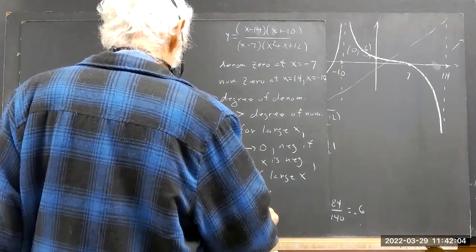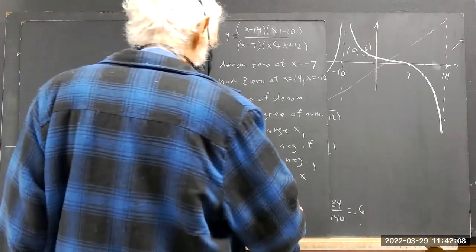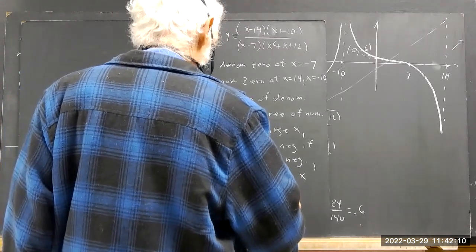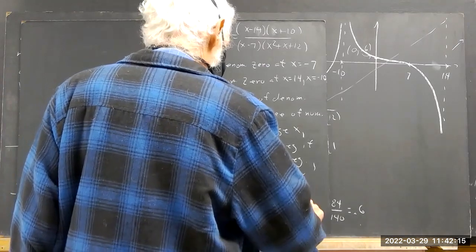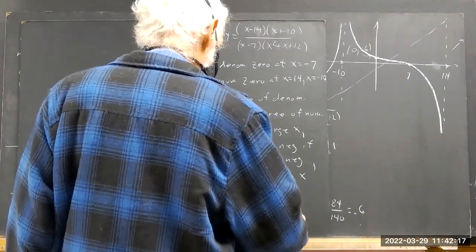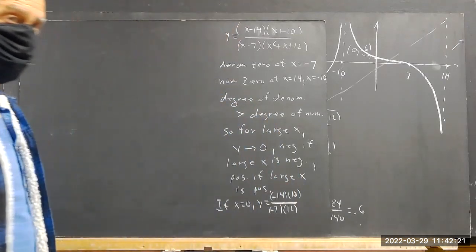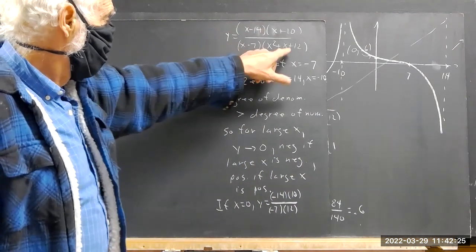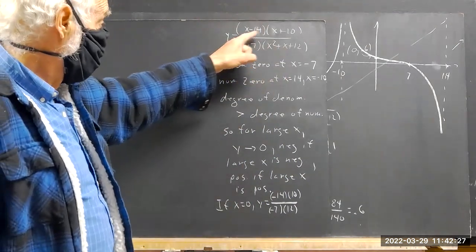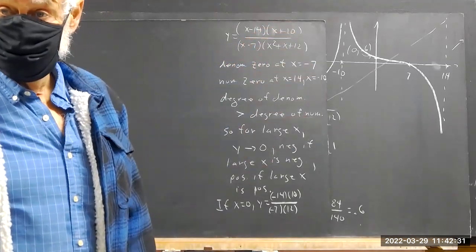At x equals 0, y equals, well, you can just kind of write it down, you're going to end up with negative 14 times 10 in the numerator, and negative 7 times 12 in the denominator. That's because all your x's and x squareds are going to be 0. You're just going to end up with negative 14 and 10 here, negative 7 and 12 here. Okay.